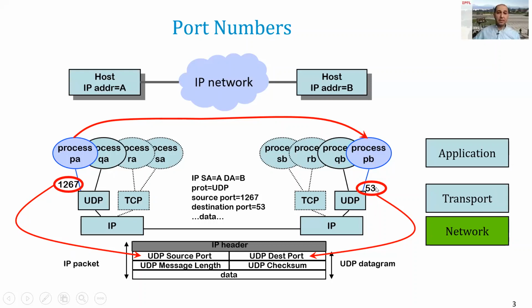In this case, it is 53. So it knows now that this packet should be delivered to process PB. And now, using the information in this header, process PB is able to reply to process PA because it will find the port number of this application and the IP address in that packet.